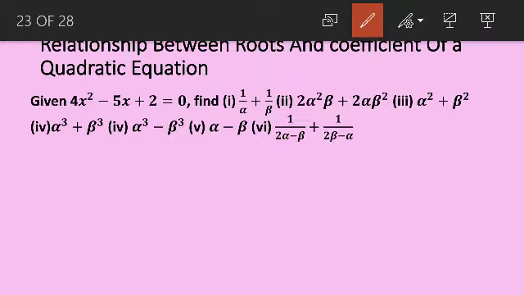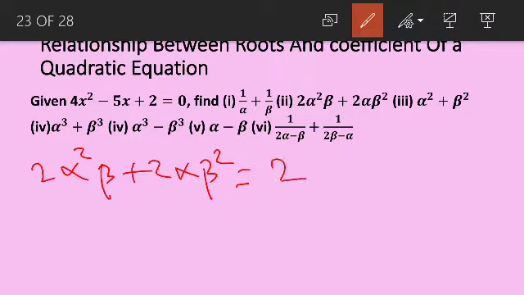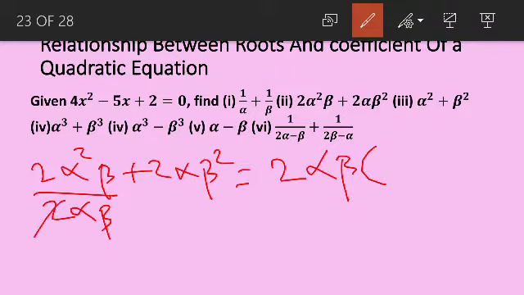Now let's go on with the next one. The second question here is 2 alpha squared beta plus 2 alpha beta squared. The best way to represent this in terms of alpha plus beta and alpha beta is to factorize. You can see common factors there. 2 alpha beta is common, so you have 2 alpha beta. When you factorize 2 alpha beta out of the first term, 2 cancels 2, alpha cancels alpha, beta cancels beta, and you are left with alpha.